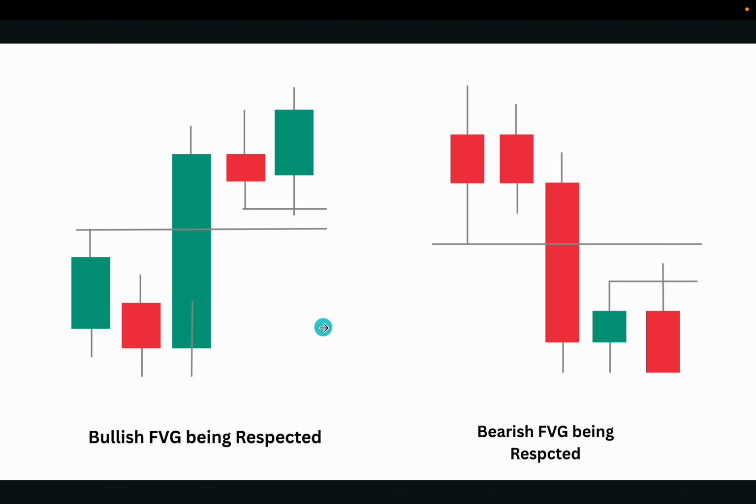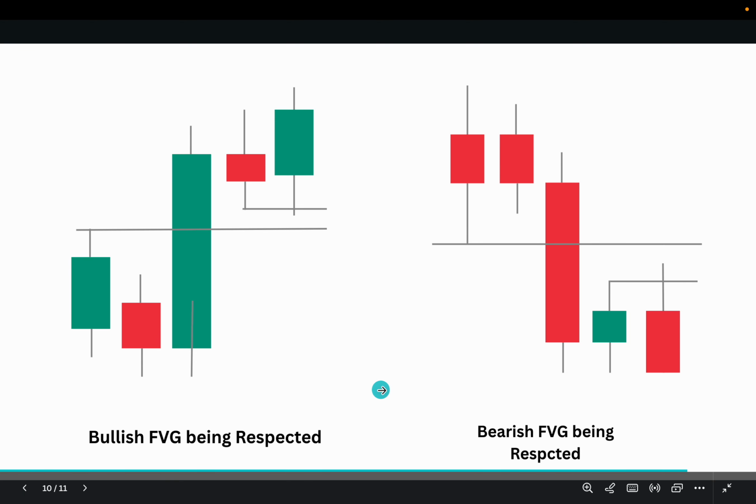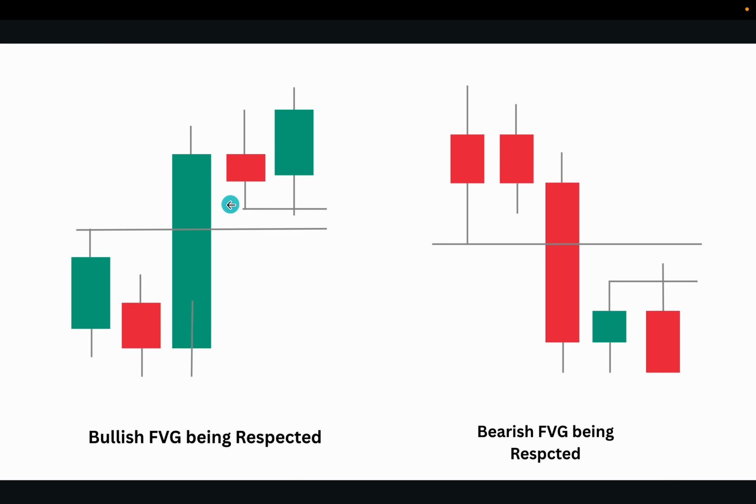So here is how the respect candles, fair value area and fair value gap all work together. In this case, we have a bullish fair value gap and a swing high overlapping with this fair value gap, so it creates a fair value area.